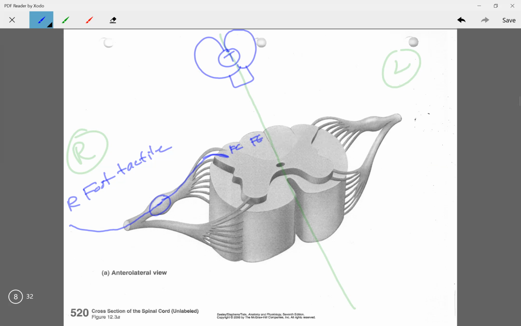We're not really getting into all that right now, but it does synapse and work its way over to the fasciculus gracilis because this is belly button down. It goes up ipsilateral in the pyramids of the brainstem, crosses over, goes through the thalamus, and because it is foot, the foot is like that area in the cortex.